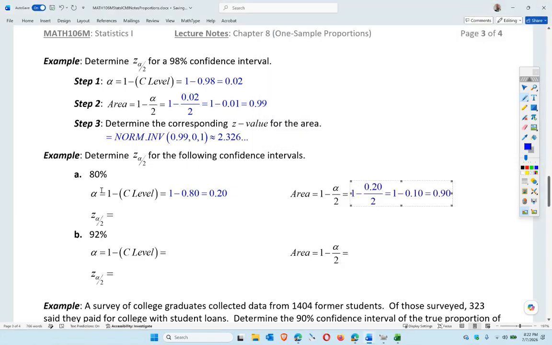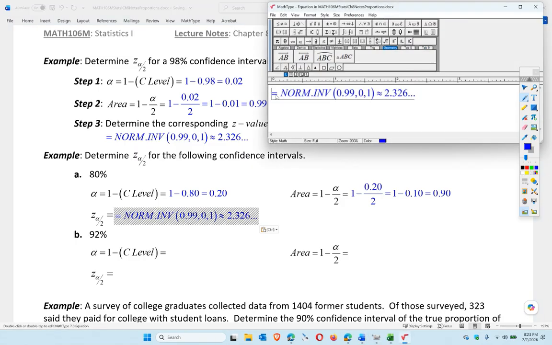Or you can quickly do it in your head. 80, right? Left over is 20. Half of 20 is 10. Add that to it, you get 90, right? So essentially here I need to do 0.90 to get our answer.